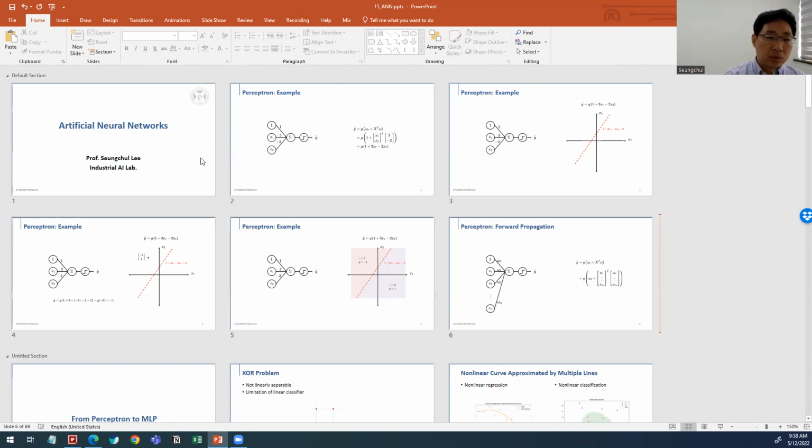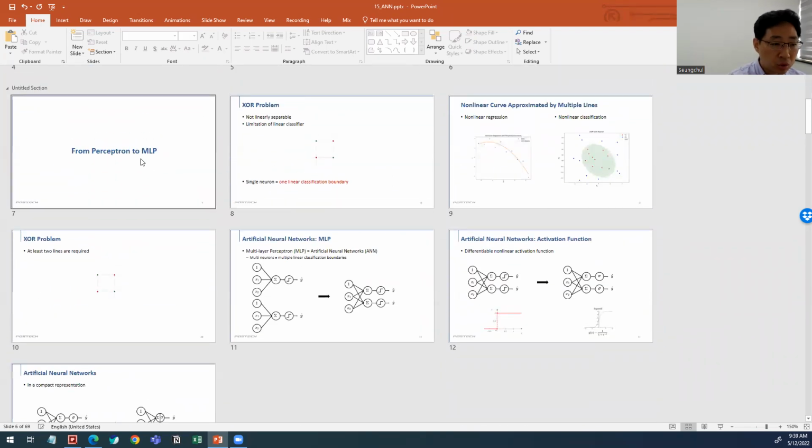So I'm going to start with perceptron or logistic regression, which are concepts that we already know. We learned them in classification. And let's move on to MLP, the multi-layer perceptron, same as ANN, artificial neural net.